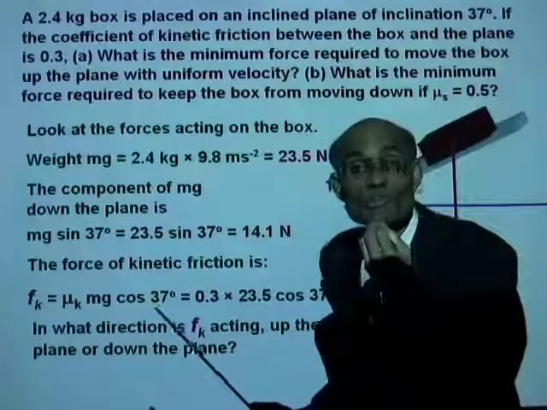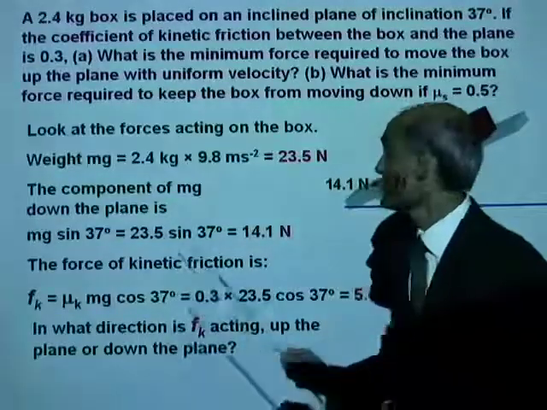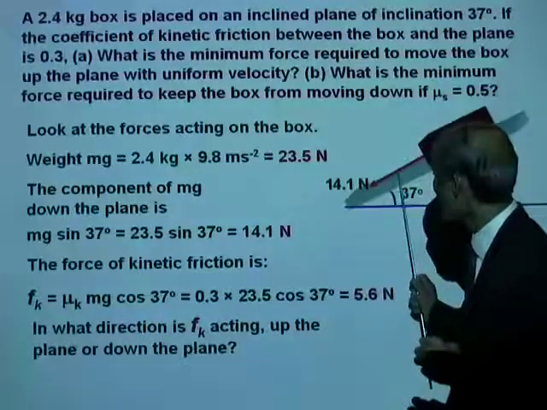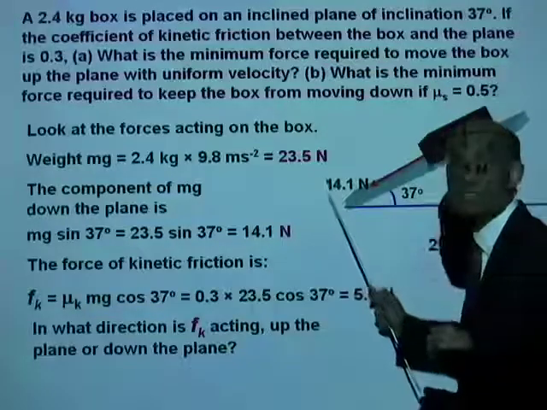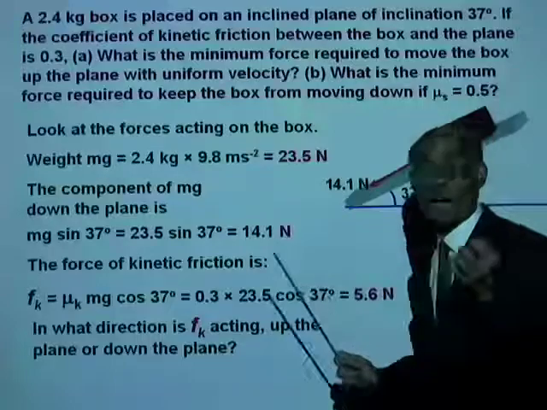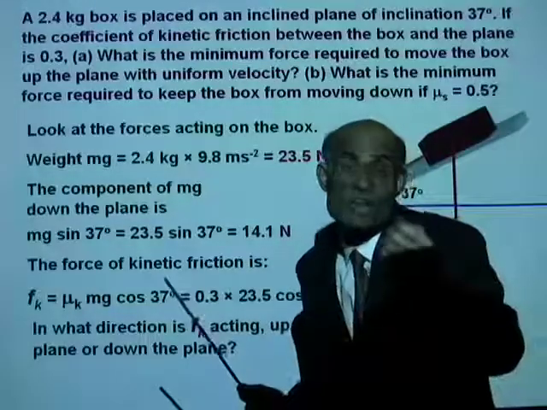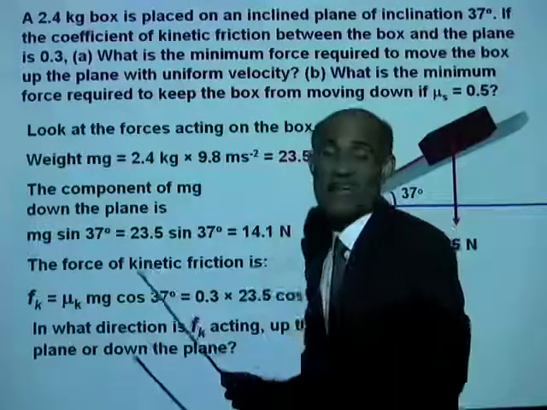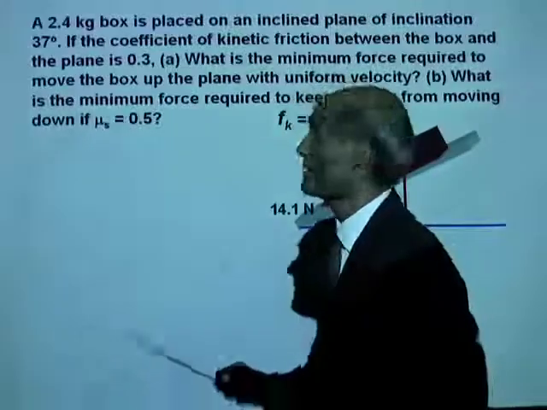It is opposing the upward motion. So the total force now acting down the plane is 14.1 plus 5.6. And in order to balance that, you need to apply the same amount of force upward.